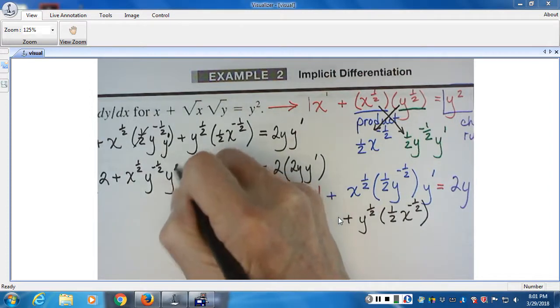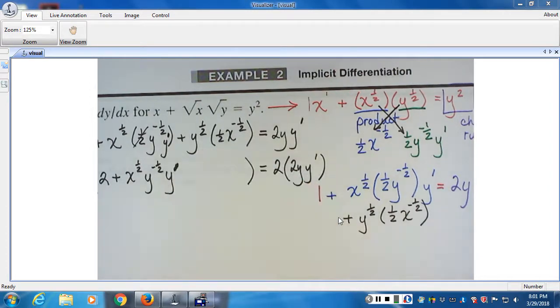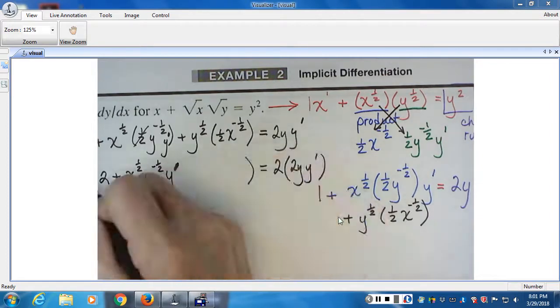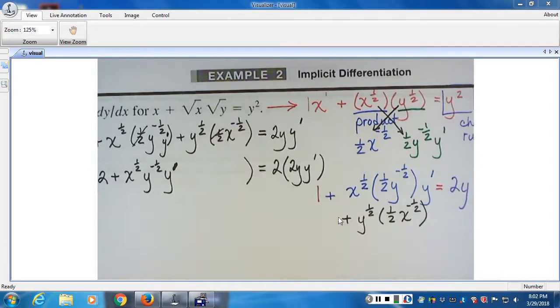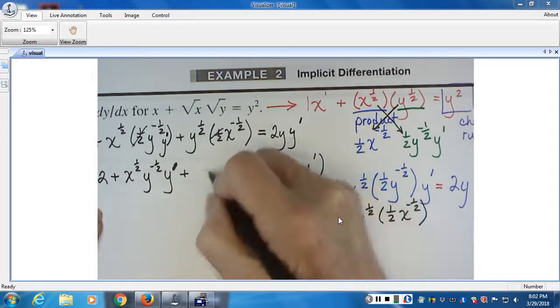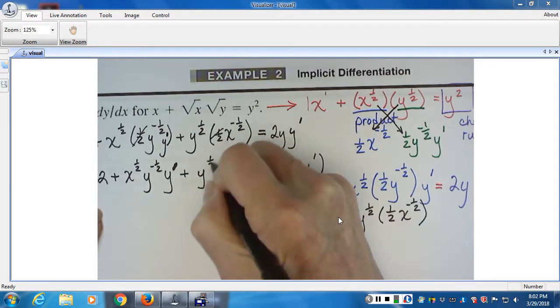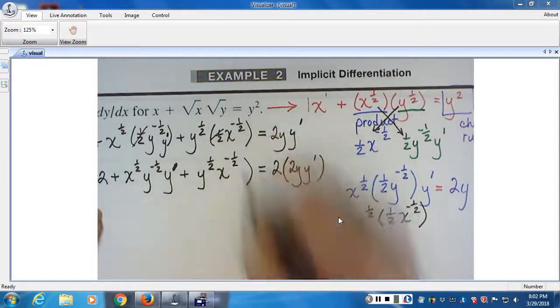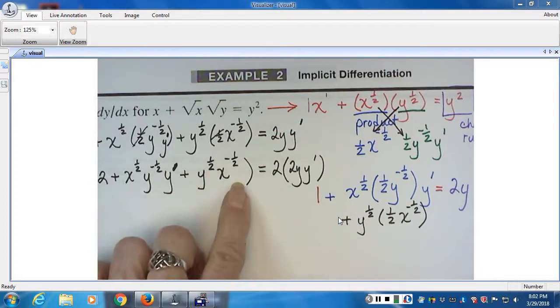And remember, that's a prime. That's not an exponent. That's a derivative. And then 2 times this 1/2 makes that 1/2 go away. And what I have left is y to the 1/2 x to the negative 1/2. And since the derivative of y is not over here, there is no y prime.